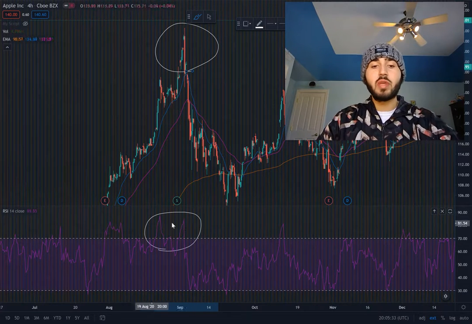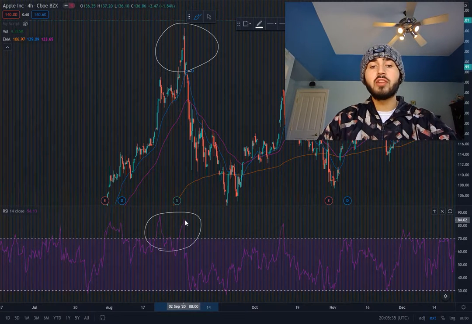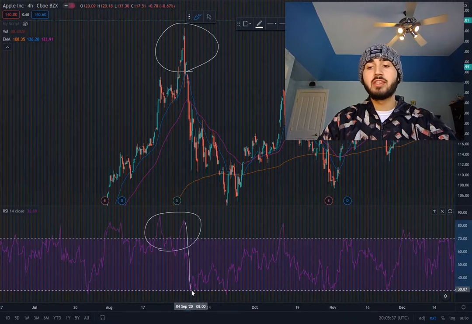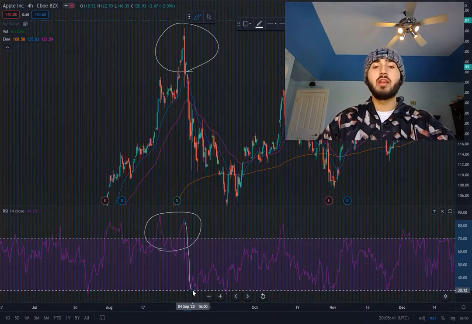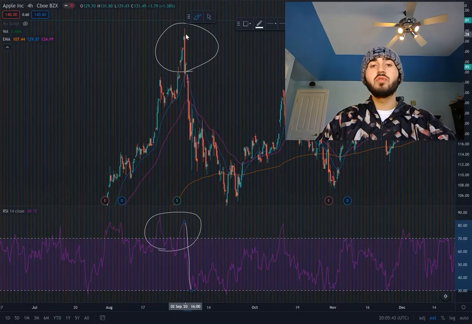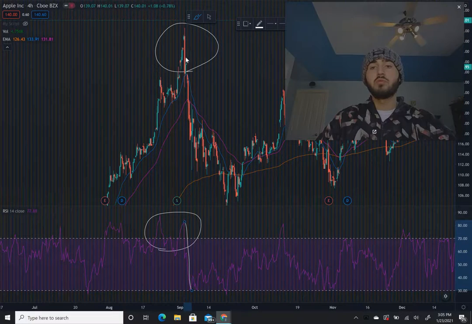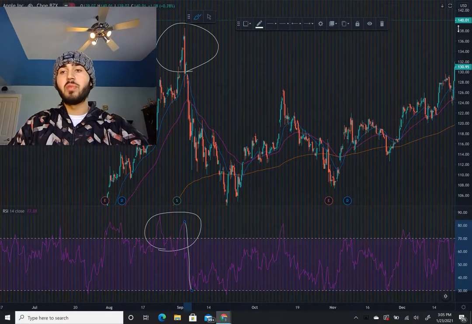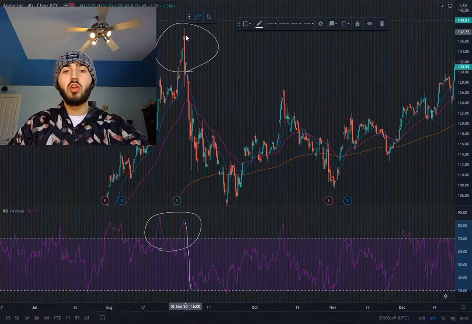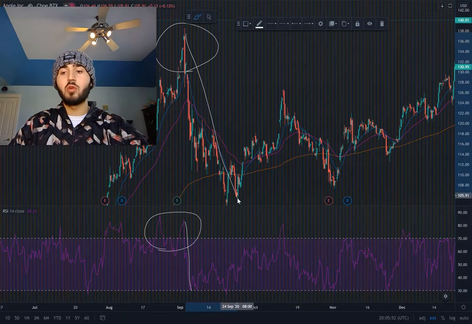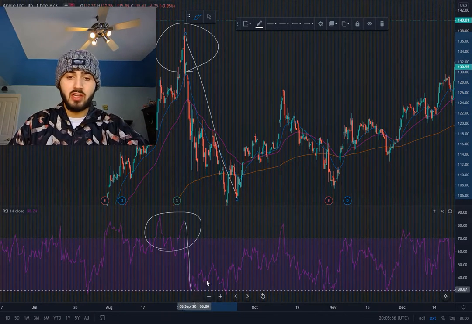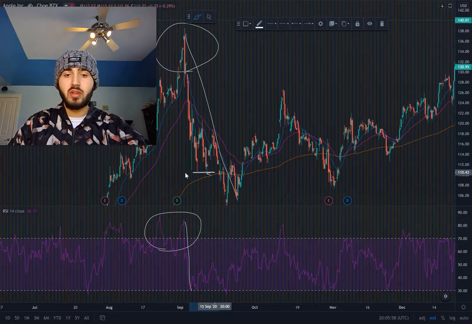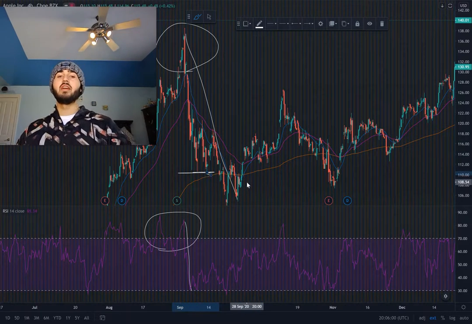As you can see, we hit this RSI and corrected all the way back down to this 30 RSI level, which moved us from this $140 mark down to about this $105 mark. Specifically for the RSI right here, that would have been about the $110 mark.